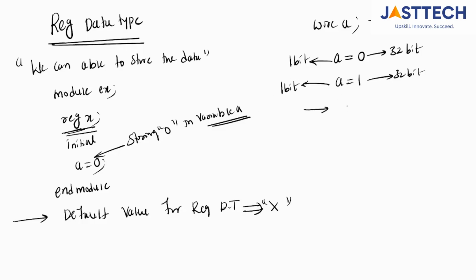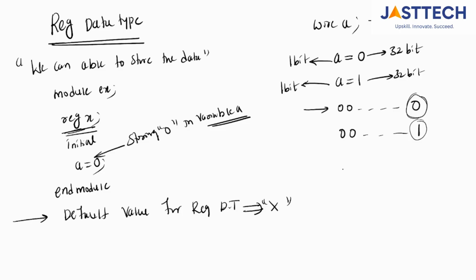So inside it will store 0 0 and so on up to 0. But whatever the LSB is, that will be stored into a. a equal to 1 means 0 0 up to 1, but only the LSB will be stored into a. So you need to know that.